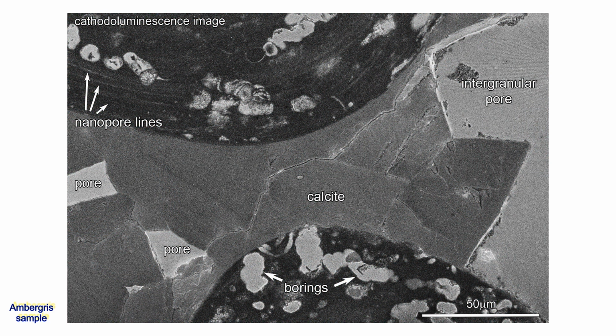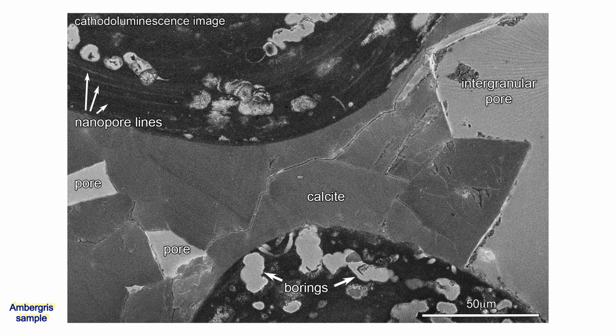The epoxy resin is light grey and occurs in intergranular pores between calcite cement crystals and intragranular pores within the ooids, including 10 micron sized endolithic borings and faint lines of nanopores in the ooid cortices.